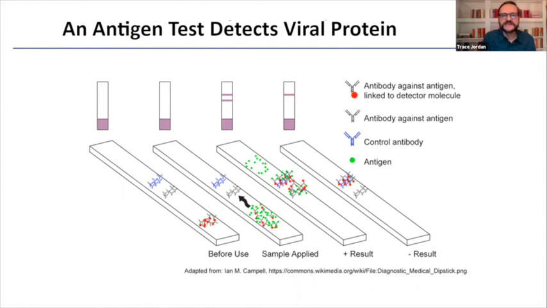If you have a negative antigen test, you will only see one line, which is the control line, which indicates that the test is working. So again, an antigen test is looking at viral proteins, whereas a PCR test is essentially detecting viral RNA. And they both have their merits as different types of testing methods.